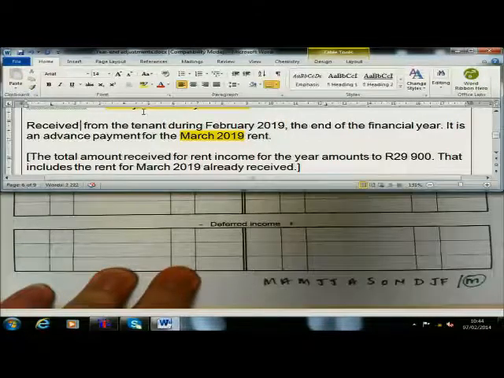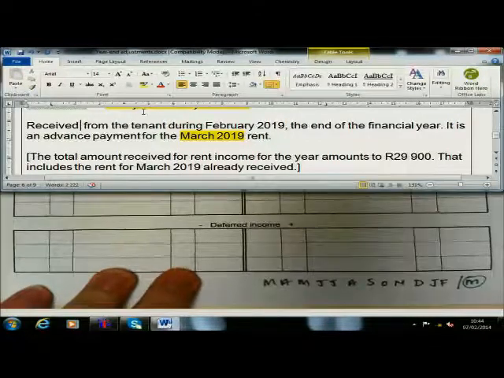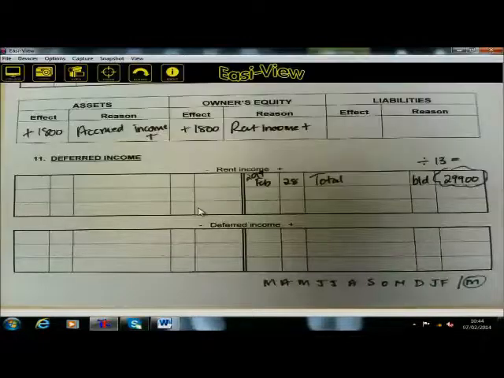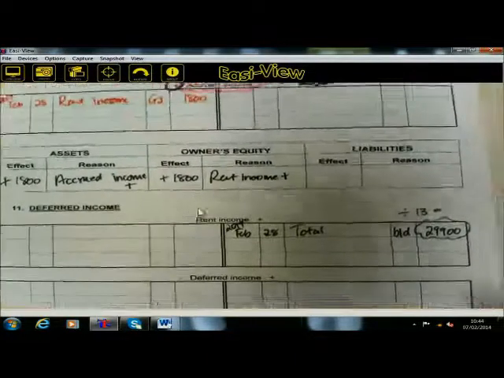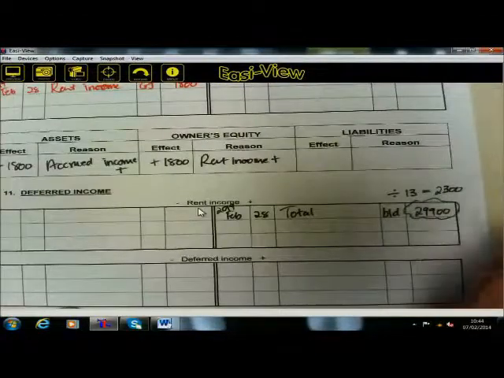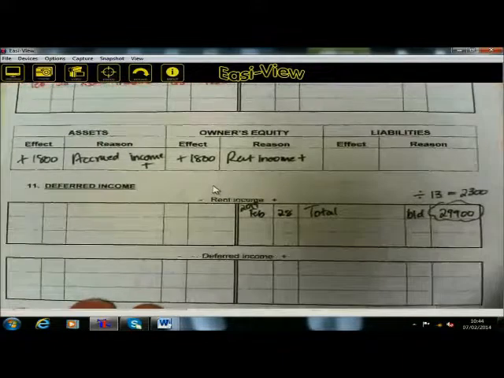That's why we divide it by 13. 29,900 divided by 13 gives you 2,300 Rand per month.